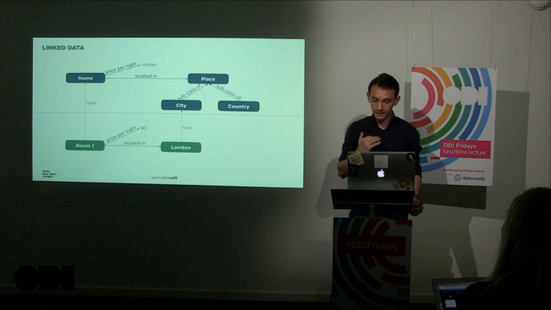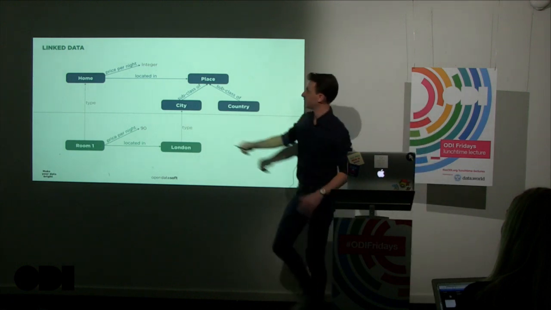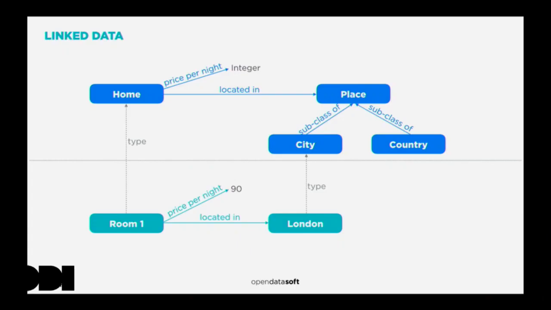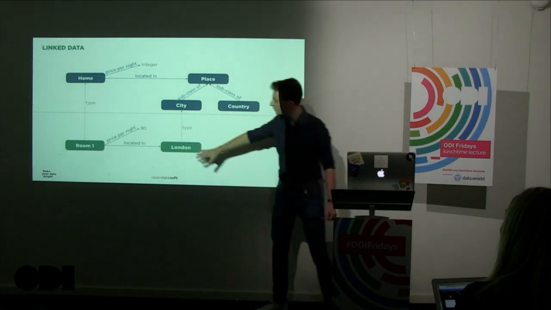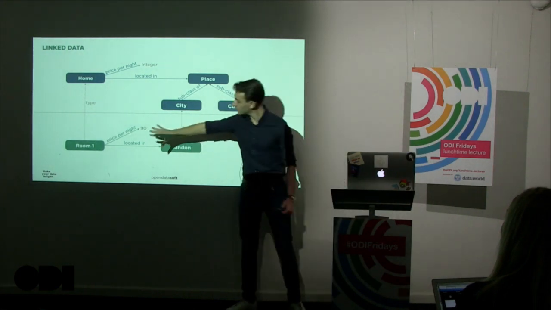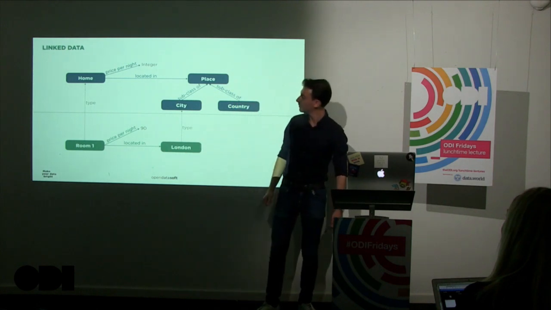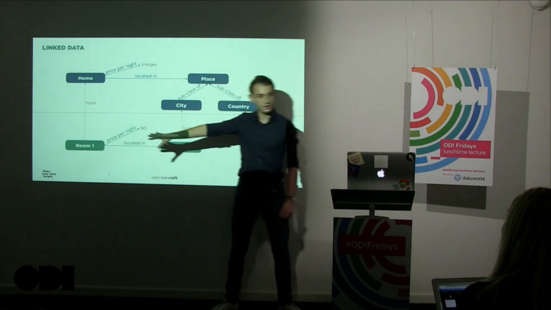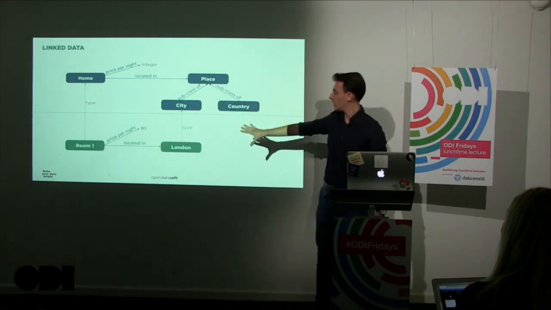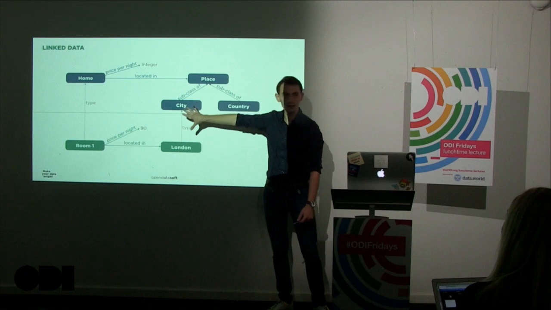Linked data also uses data types, but it uses vocabularies. Vocabularies describe real concepts in real life, and we use vocabularies to describe our own data in linked data. For example, here we know that room 1 is a home, and that London is a city.